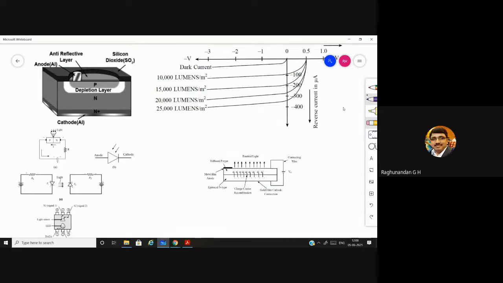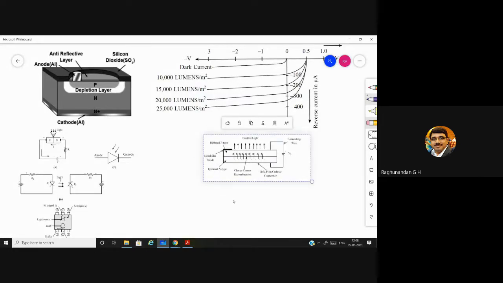Okay. So there are basically, as I told, four types of diodes which we are going to discuss. To make it clear, I have just copied the figures. First, we have the photodiode.